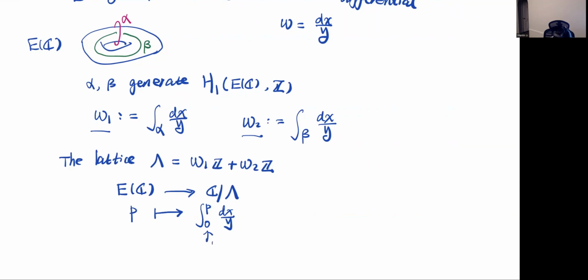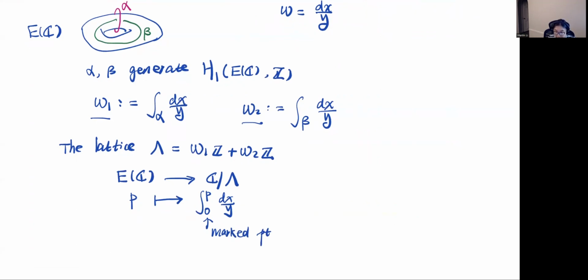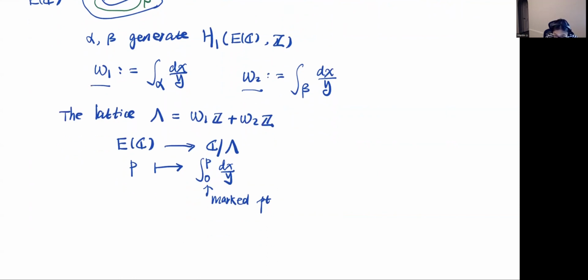It's O, let me just mark the point. Okay. This will give me this identification exactly. Okay, so this map is also a complex analytic isomorphism of Lie groups.